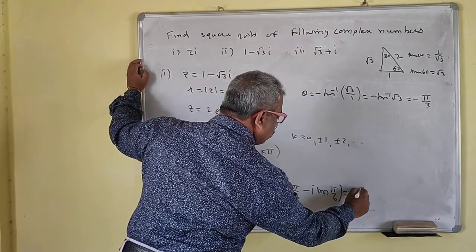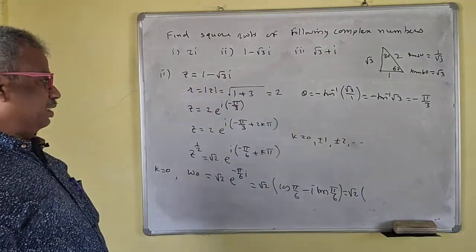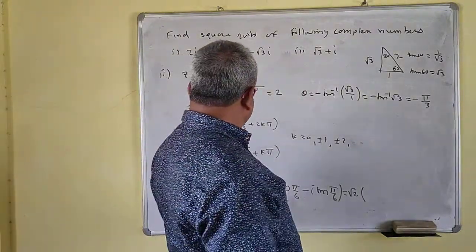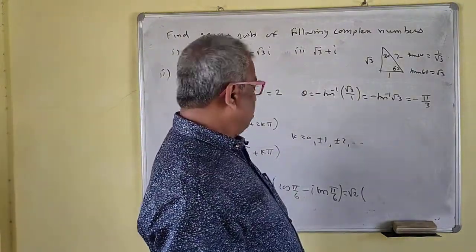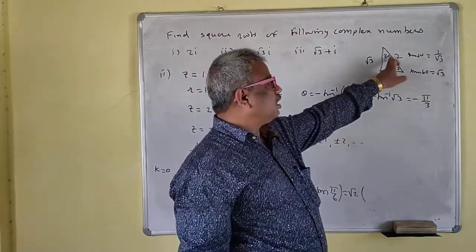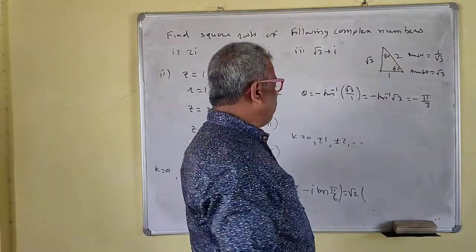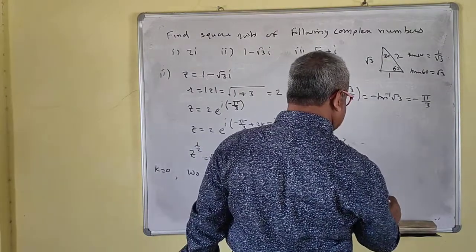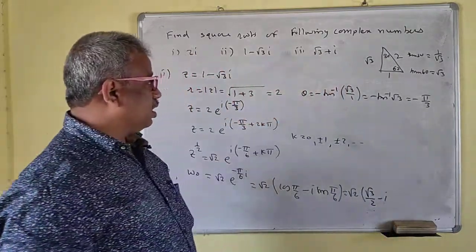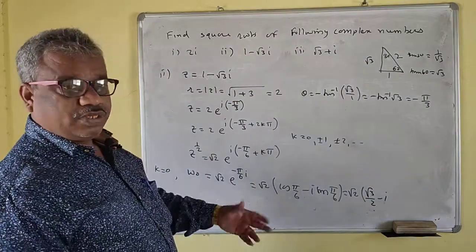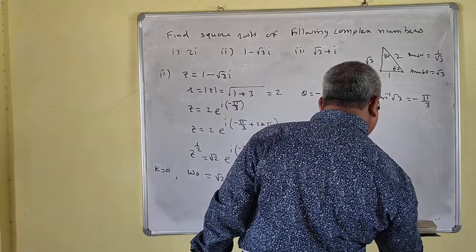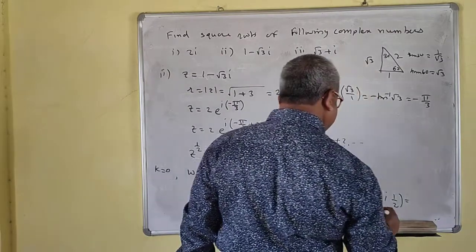Pi by 6 means 30 degrees. Cos 30 degrees is adjacent side upon hypotenuse, so it is root 3 by 2, minus i, and sin 30 is the opposite side upon hypotenuse, so this is 1/2.